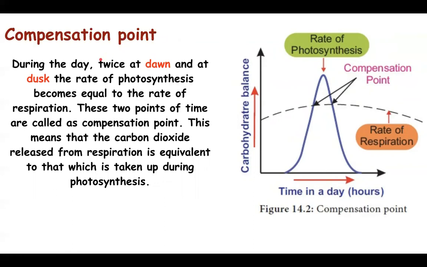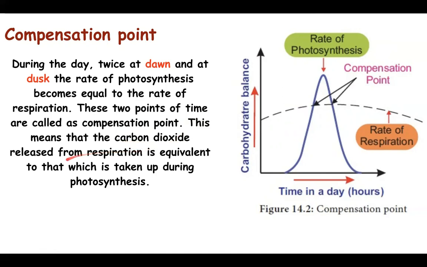But twice during a day, number 1, at dawn, early morning, and at dusk, late in the evening before night sets in, the rates of these 2 processes become equal. These 2 points of time are called compensation points.